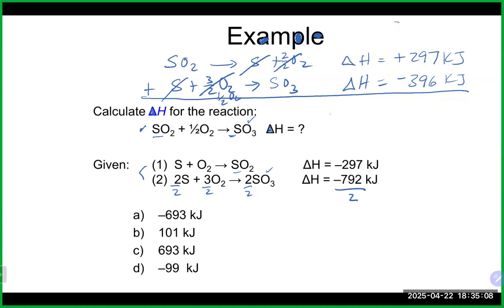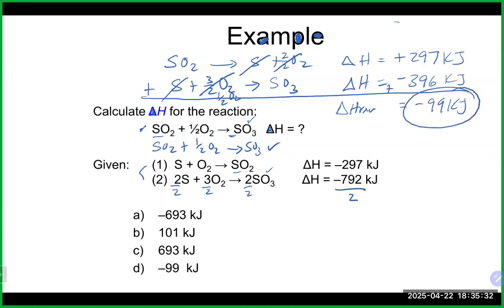So that will get us our SO2 plus 1/2 O2 goes to SO3, which is what we're looking for. Our delta H of that reaction is going to be basically adding these together, and that looks like maybe a 99, I think. Yeah. Minus 99 kilojoules.